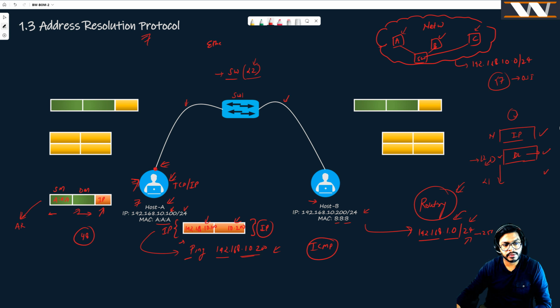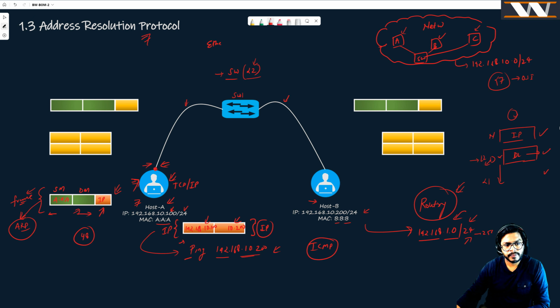Now, the important thing is that this packet is not complete because we do not have the destination MAC address. By the way, guys, at layer 2 the unit of the packet is a frame. Sorry, the unit is frame. And if this frame is not complete, it cannot go onto the wire.